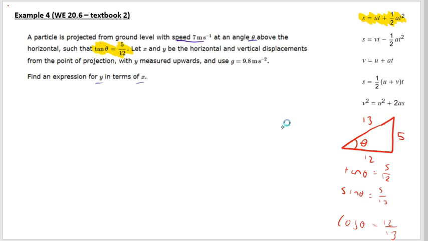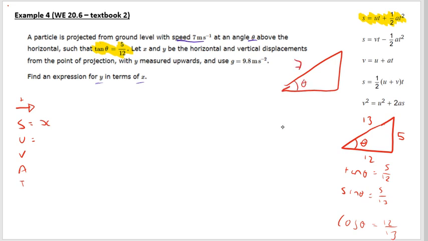So horizontally, looking at my SUVAT variables for this equation, S is the displacement, which we're told is X. U, well, we've done this a few times, so you might be comfortable now. If we start at 7, this is theta.